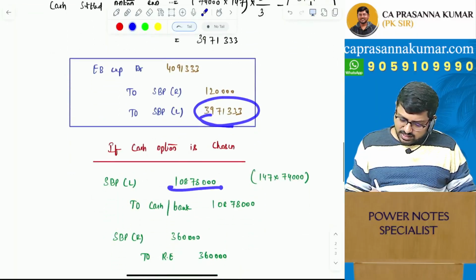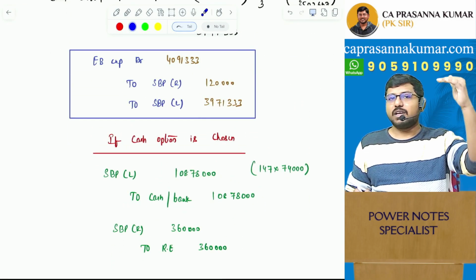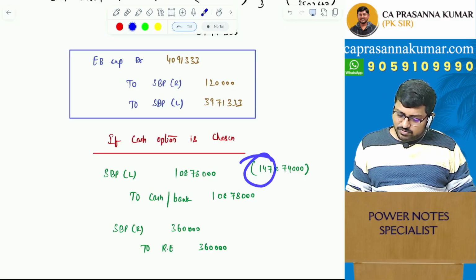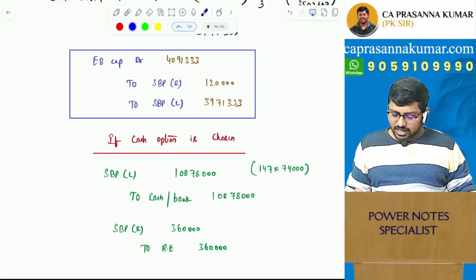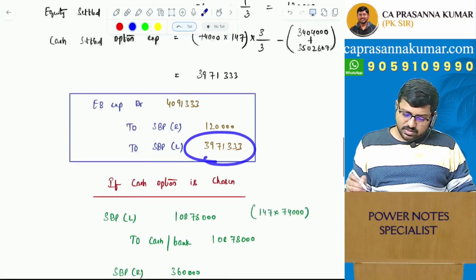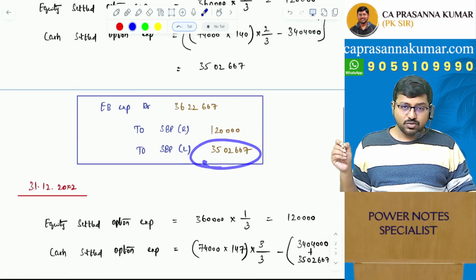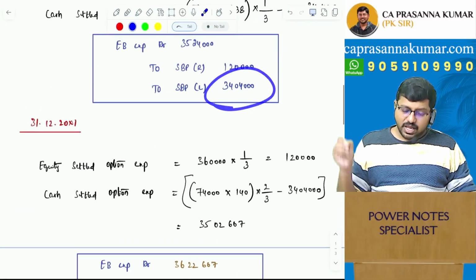Your number will be exactly the same. Because anyway, we are increasing the liability based on latest fair value only. So you take the latest fair value and multiply with number of shares. Anyway, it will match. You got the point? Because we don't have employees issue over here. Otherwise, the best way is go with this, whatever the liability that we have created: 39 lakh 71,333 plus 35 lakh 2,667 plus 34 lakh 4,000.